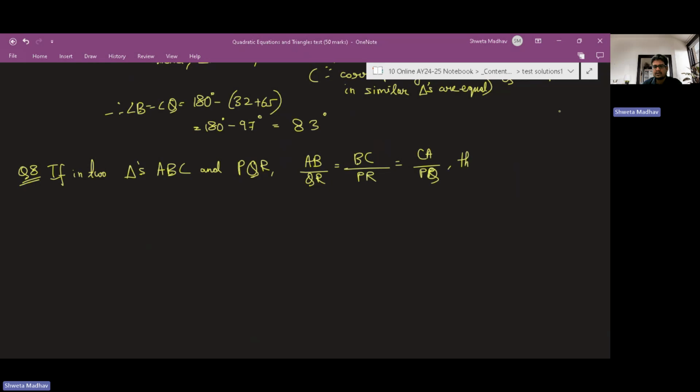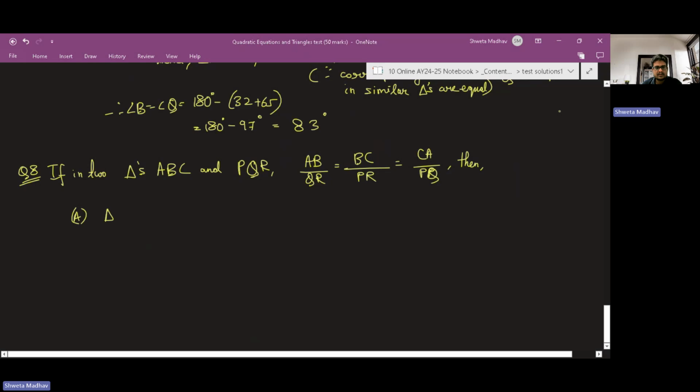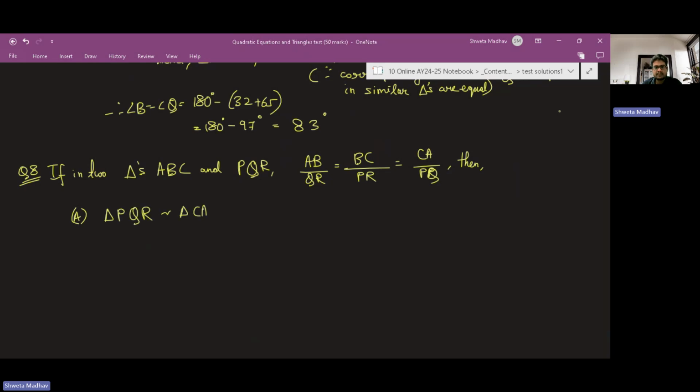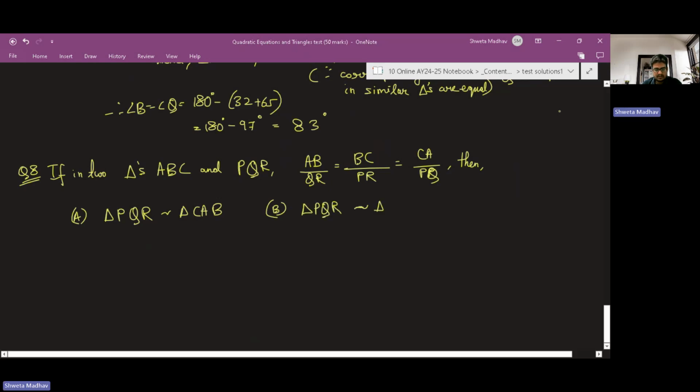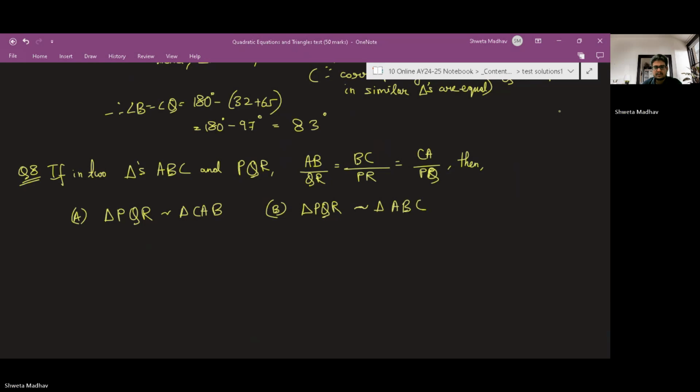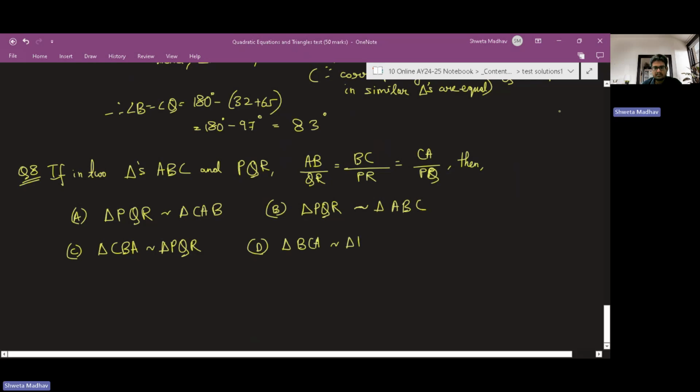Then option A is triangle PQR similar to triangle CAB. Option B is triangle PQR similar to triangle ABC. Option C is triangle CBA similar to triangle PQR. Option D is triangle BCA similar to triangle PQR.